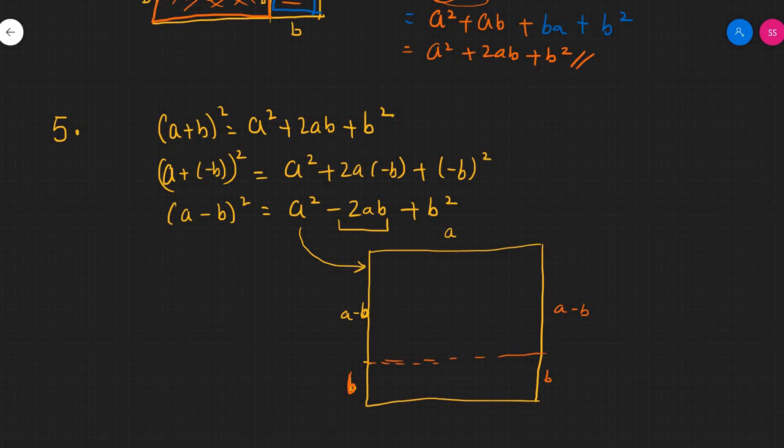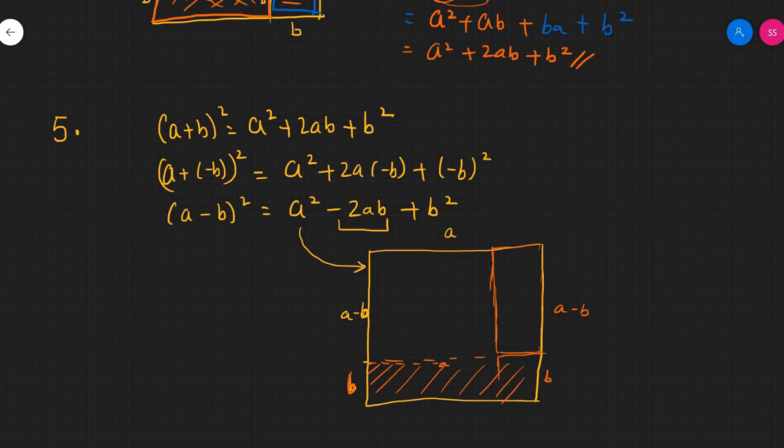So you have removed this piece from the entire a squared. That's a squared minus 2ab. You would have to remove one more piece of ab, but then you have only this much.